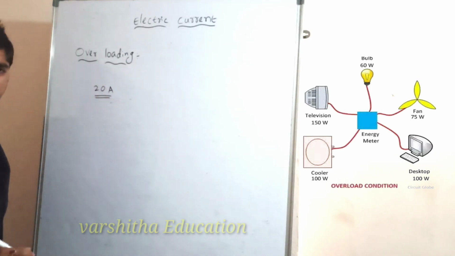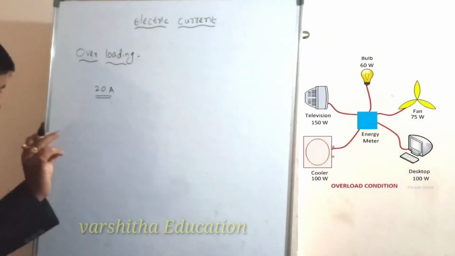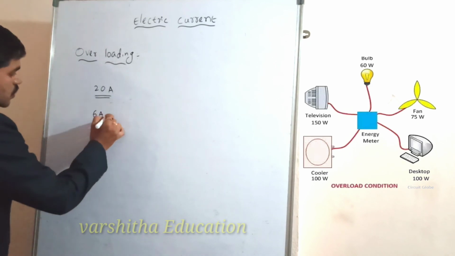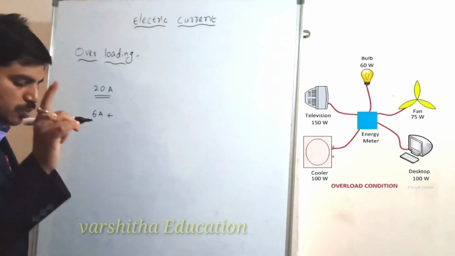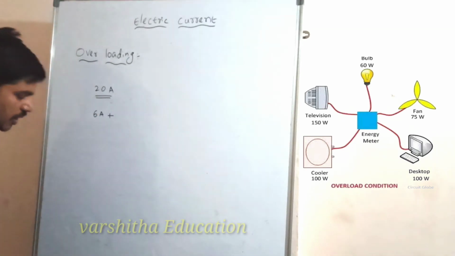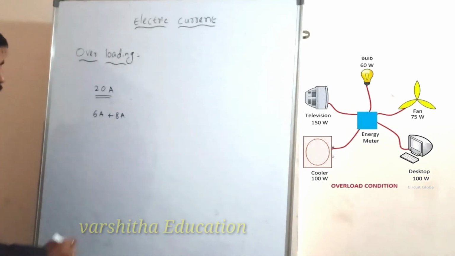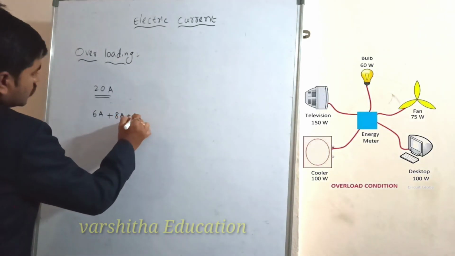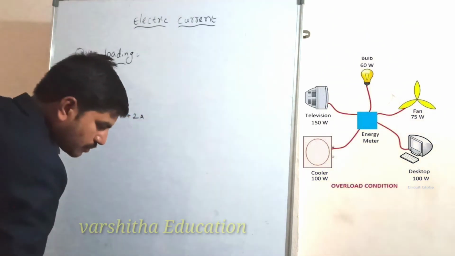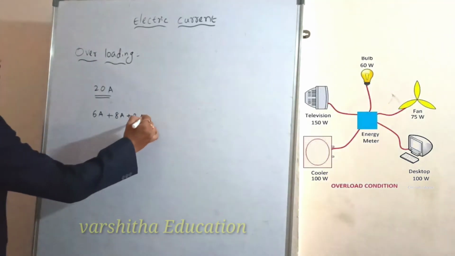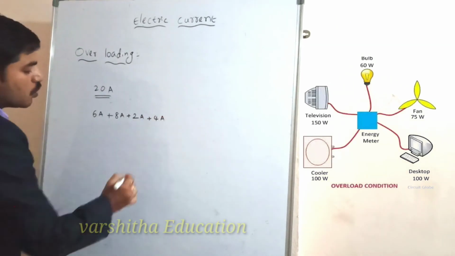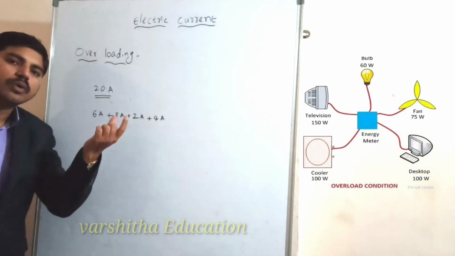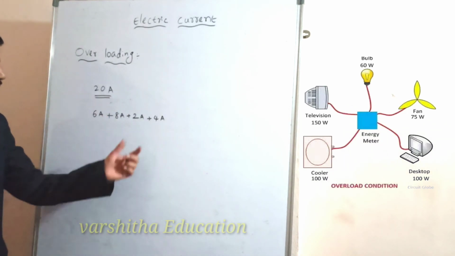The TV uses 6 amperes, the fridge uses 8 amperes, a bulb uses 2 amperes, and the fan uses 4 amperes. Once you calculate 6 plus 8 plus 2 plus 4, the overall 20 amperes is completed.